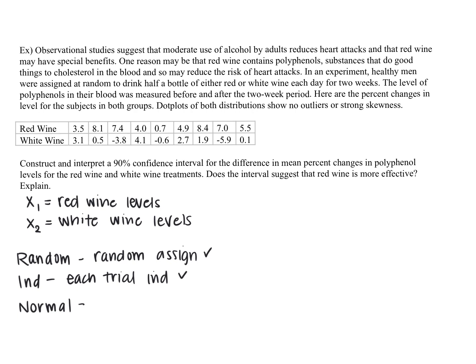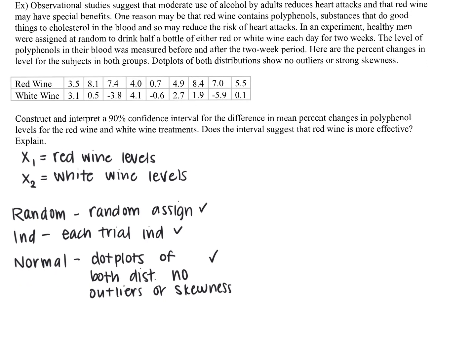It doesn't say anything about the population being normal, but it does say that dot plots of both distributions have no outliers or skewness, which is just another way of saying that they're normal. So now that all of my conditions are met, I can go ahead and start calculating my confidence interval.